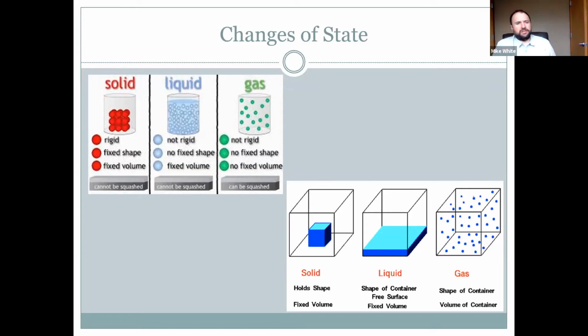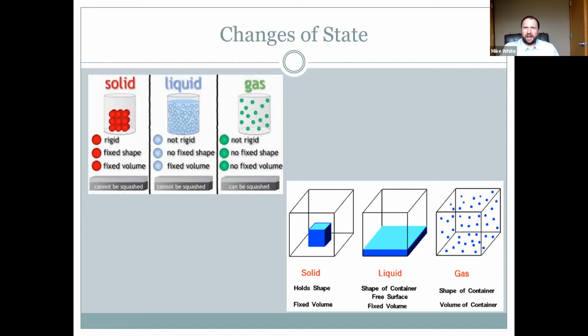When I also think of solid and how the particles are packed together, I think of, can you put your hand through something? That's a solid. If we're talking about the wall, you can't put your hand through the wall. You can break the wall, but you can't slip your hand through the particles that make up the wall. That's the best example of how I can describe anything in a solid state.